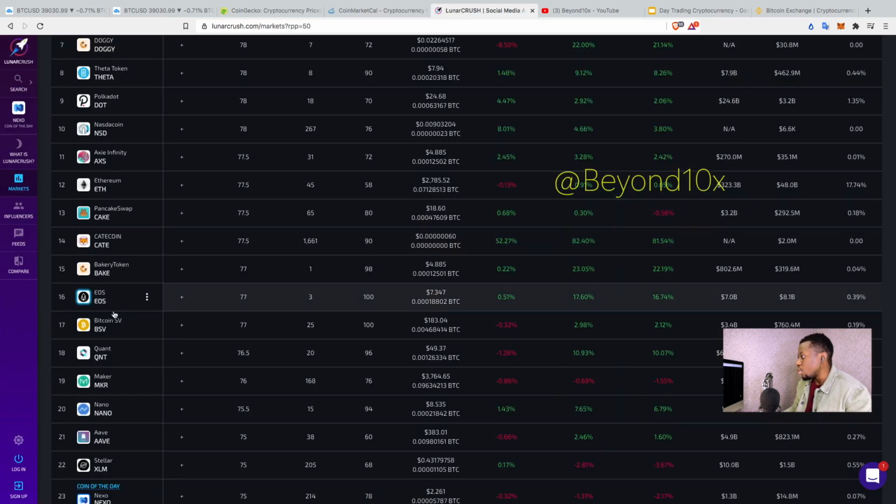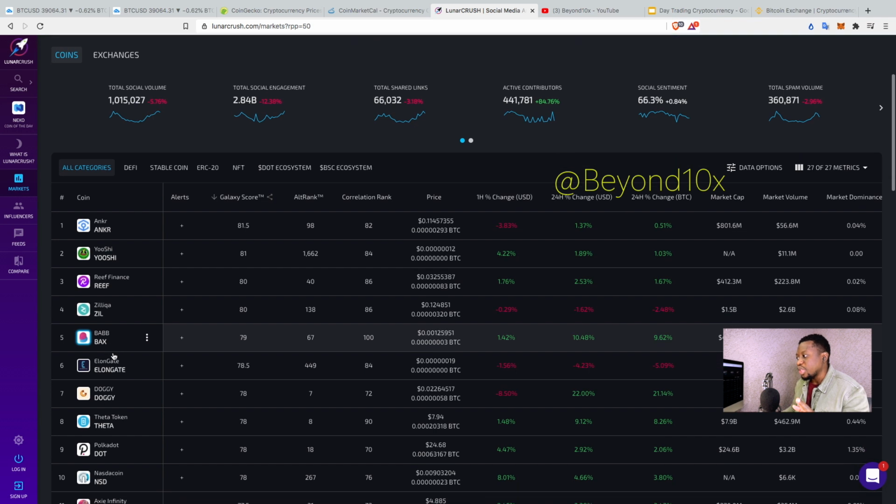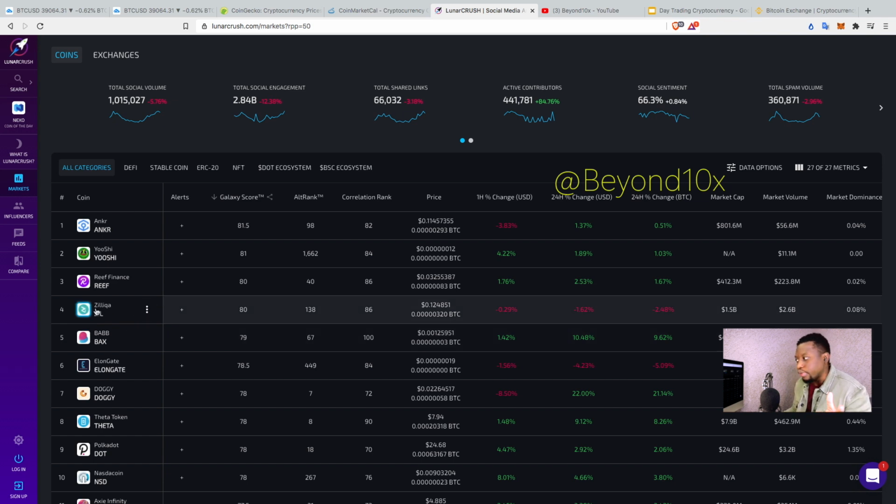On Luna Crash, it's occupying the 16th place. For the past 3 days, EOS has been ranking in the top 5. Like that, you can know that perhaps EOS has something coming up and there's going to be some good volatility.